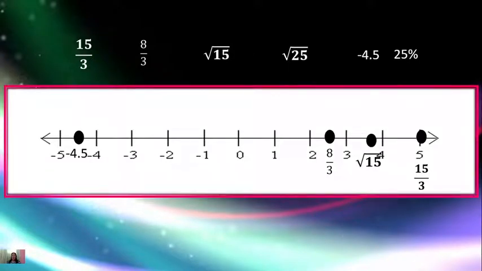You can translate that into fractional form as 25 over 100, because the percent symbol means 1 over 100. 25 over 100 is 0.25, and that is greater than 0, so it is on the right of 0. So that is 25% or 0.25.